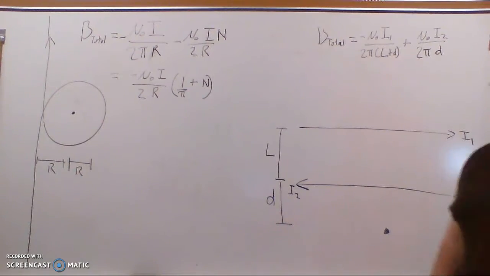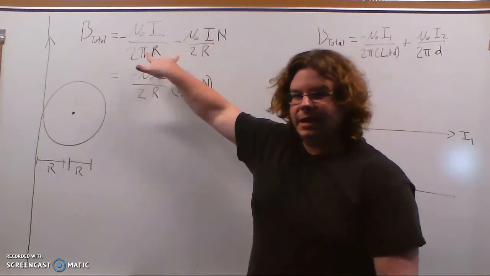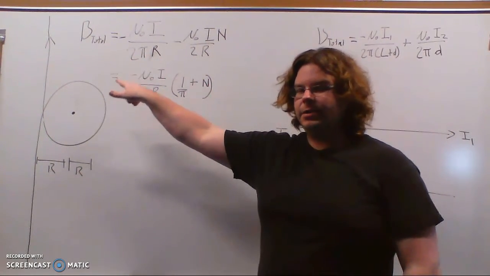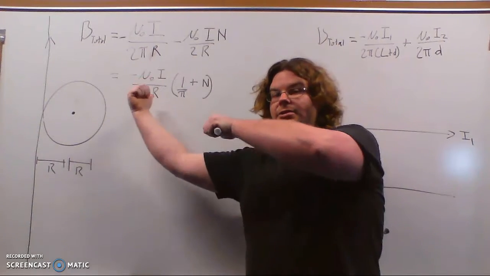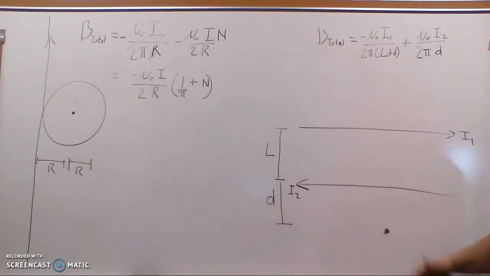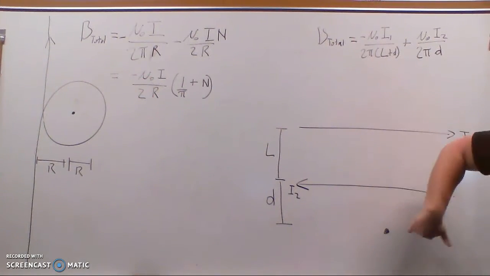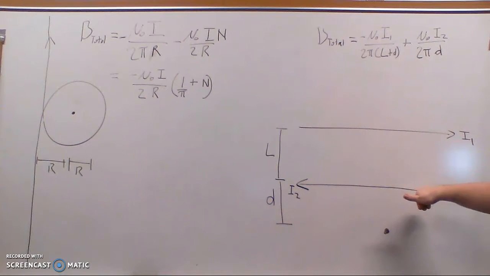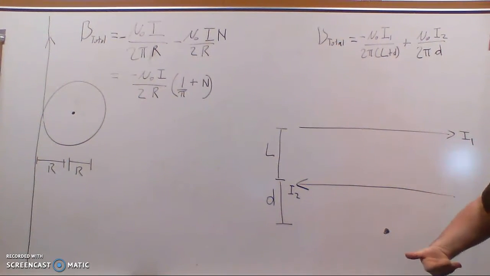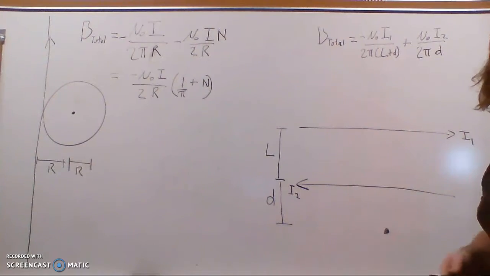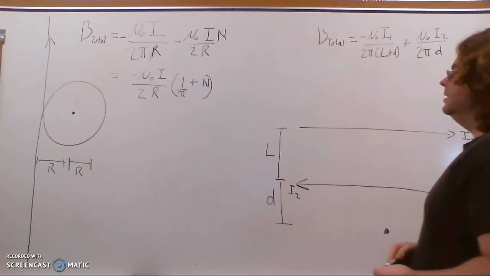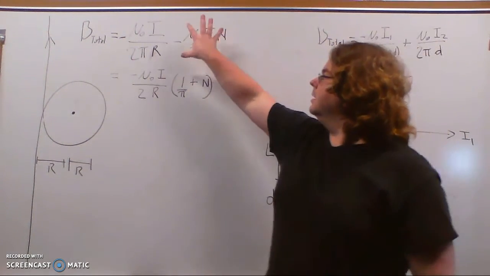So this time, unlike before, where both of the different elements created magnetic field pointed in the same direction, namely into the wall, here one of our things is creating magnetic field that points into the wall, and the other is creating magnetic field that points out of the wall. So we have to have different signs. Since we're just dealing with two infinite wires, this time we don't have to use this formula.